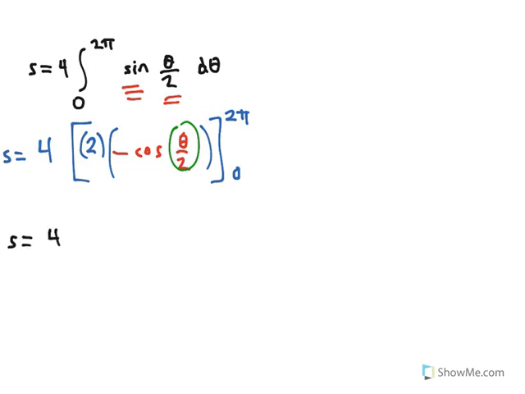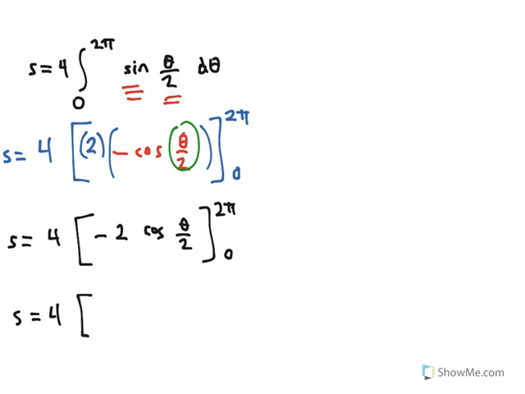And we're going to go ahead and evaluate. So we have 4 times negative 2 times cosine of theta over 2, evaluated at 2 pi and 0 and subtracting. When you substitute 2 pi for theta, 2 pi divided by 2 is pi. Cosine of pi is negative 1.